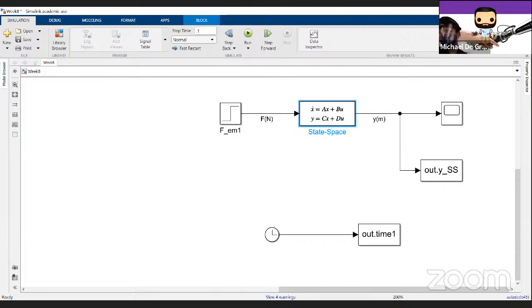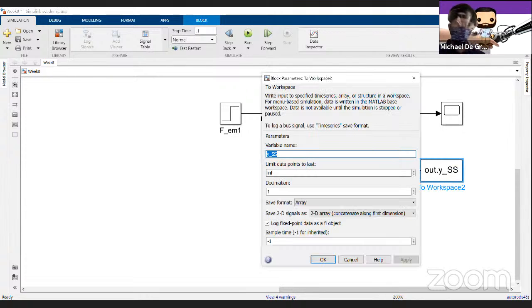And remember, what does to workspace do? It takes the signal and saves it as the variable that I name it. I call it Y underscore SS for state space. I've set it to be an infinite number of data points and to have a decimation of 1. It's set up as an array, and I don't touch the other things.